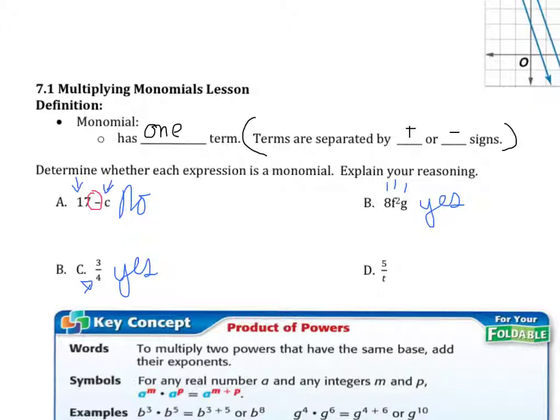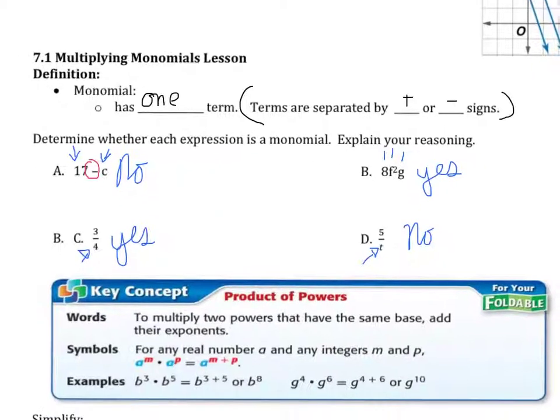And for our last example, we have another fraction, but this time, if you look at the denominator, we have a variable there. And since it's not a constant and it's a variable, we can go ahead and say that no, this is not a monomial.